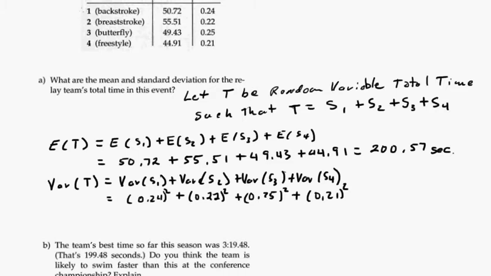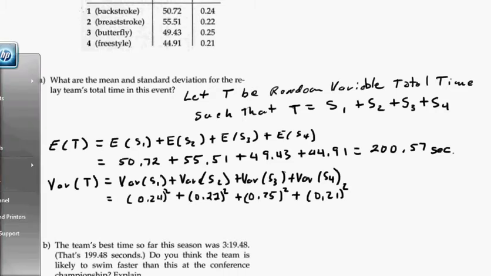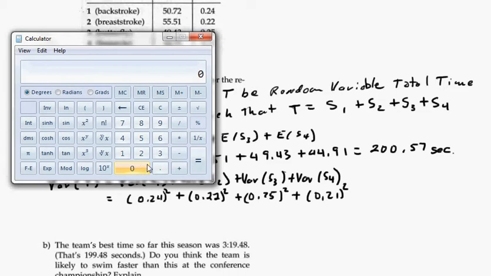Let's see if I can use my calculator. 0.24 squared plus 0.22 squared plus 0.25 squared plus 0.21 squared equals 0.2126.